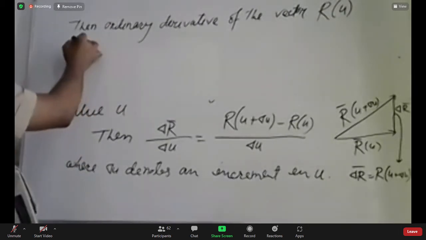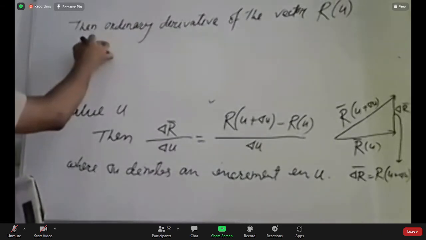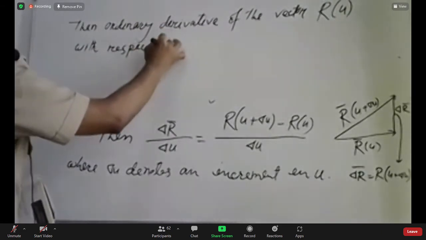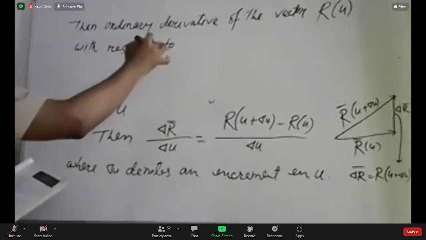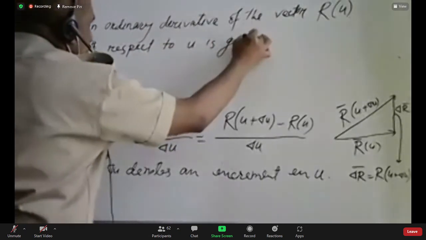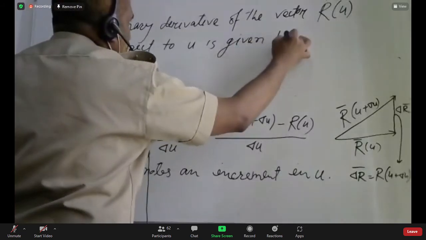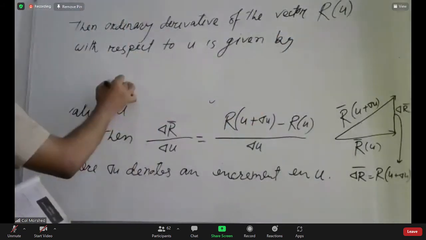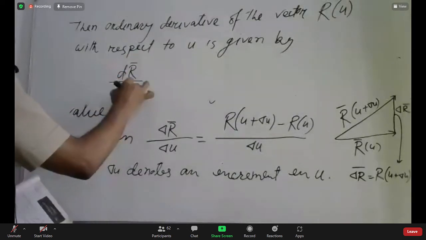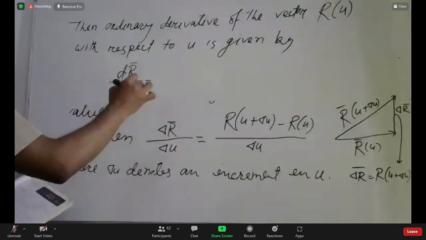The ordinary derivative of the vector r with respect to u is given like this: dr by du, and we indicate it like this.